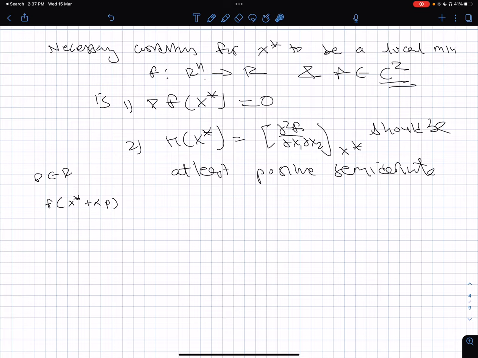That is the minimum expectation from our function, that there should be a small enough vicinity in which the function should not reduce. If we can say that everywhere around that x star the function increases, then we will call it a strict local minimum. And otherwise, the necessary conditions are for the local minimum.